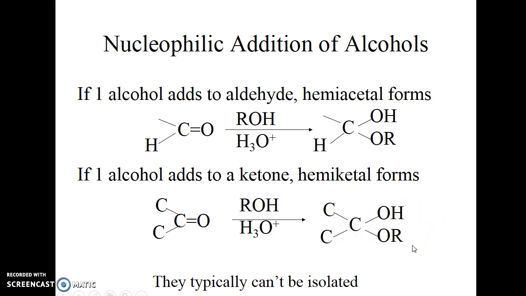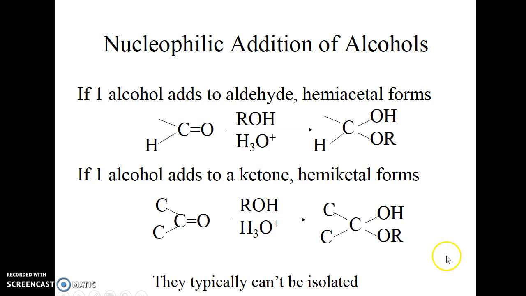Typically, we cannot isolate these. The equilibrium is highly favored to go back to the carbonyl unless you have a huge quantity of alcohol and you're removing water. In that case, something else happens. But the hemiacetals and hemiketals usually cannot be isolated unless they form a ring when they're formed.